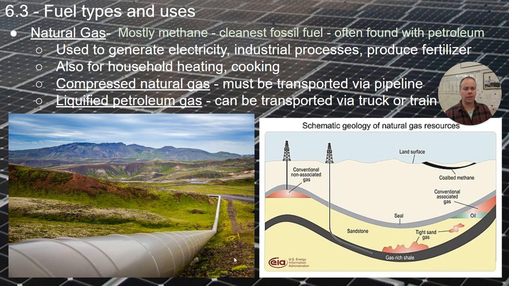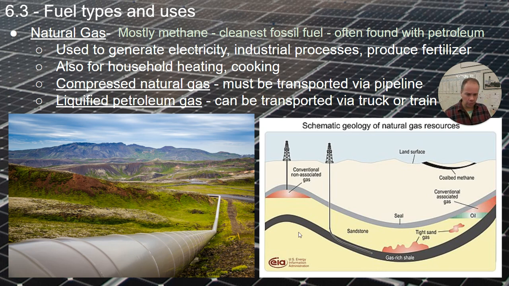And we can see here in this diagram on the right, this shows sort of where you find natural gas. We see some natural gas that's accumulated here. It's less dense than the surrounding rock, and we can tap into that. We can drill down and extract that natural gas.